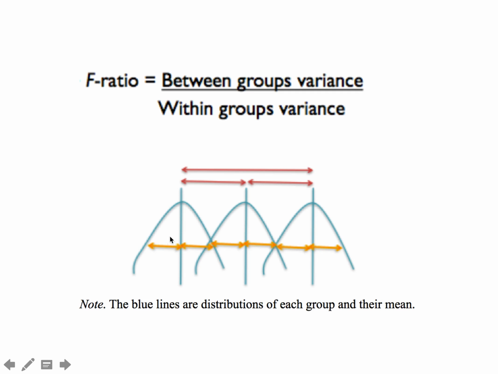The orange lines here are the within groups variance. This is standard deviation. So it's how much each group varies within their own little group. So you can kind of think about this as politics, right? So how different is each political party if we manage to have more than two of them, right? And that would be between groups variance. How different are they on their views on taxes, right?